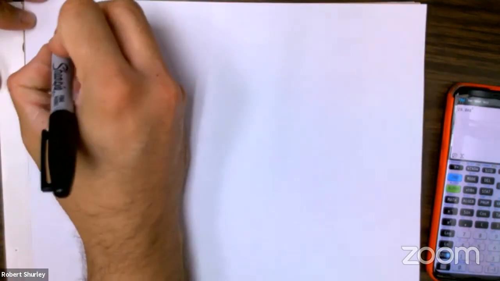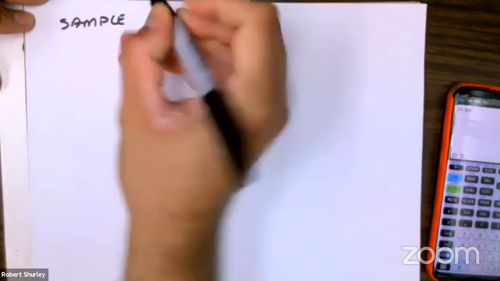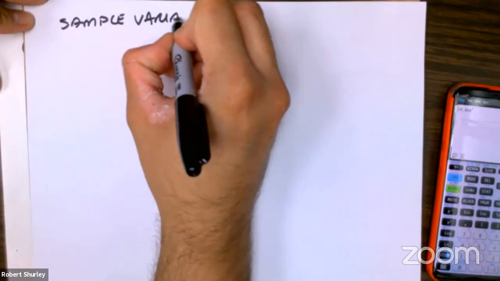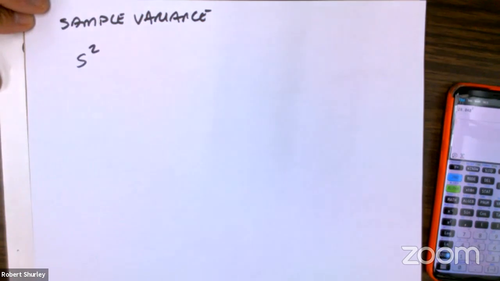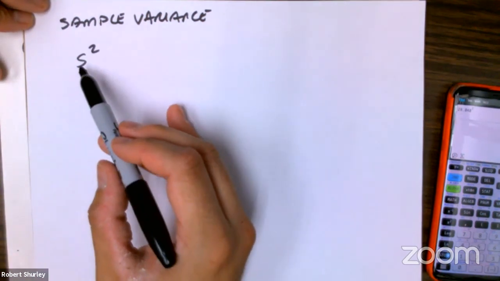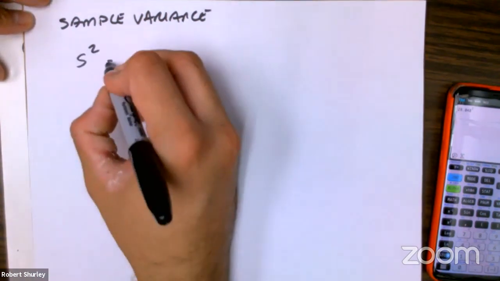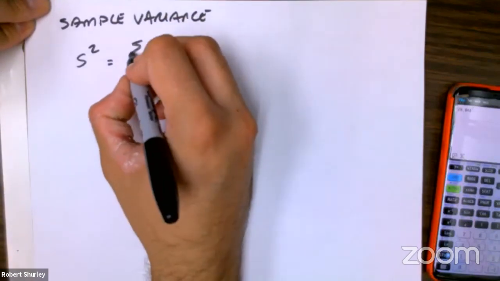So you'll see it in the equation here. The equation for sample variance. Sample variance is written as S squared, okay? And it's because remember it was standard deviation squared, right? But it's equal to, the numerator looks very similar, right?